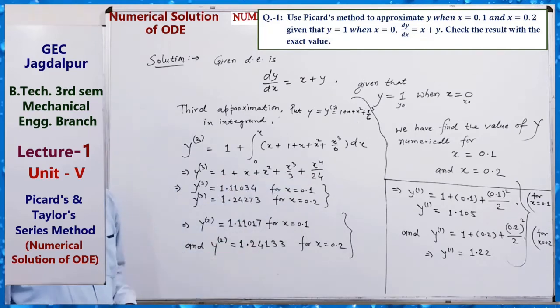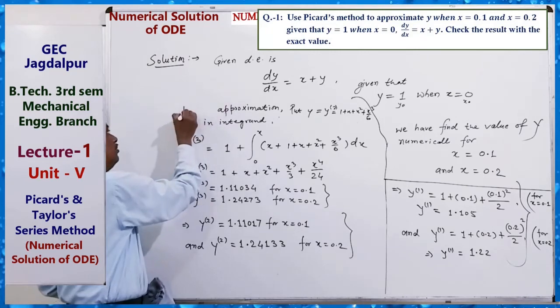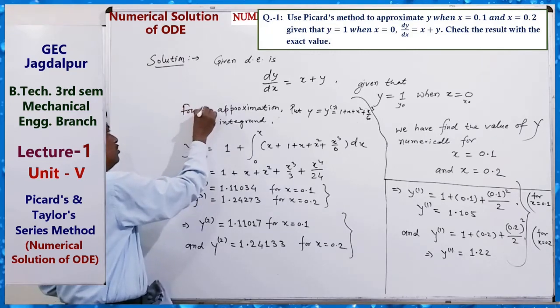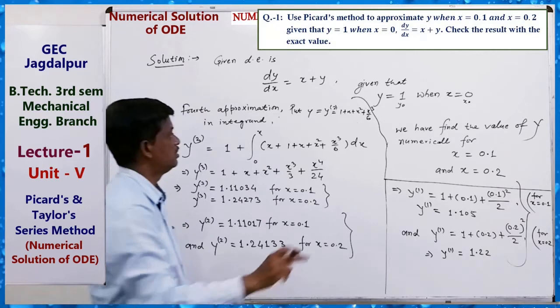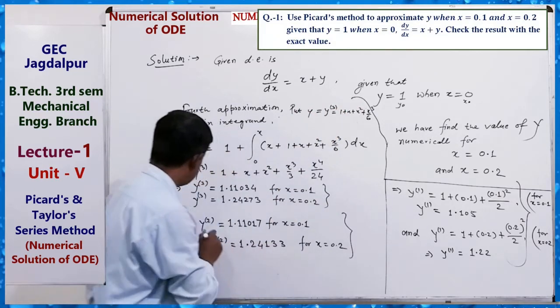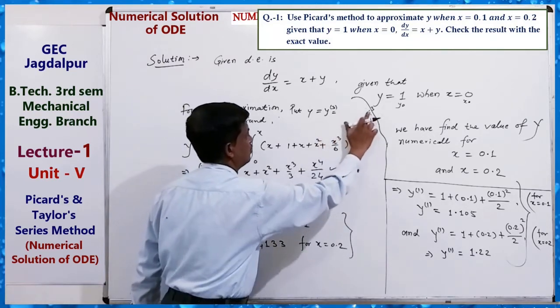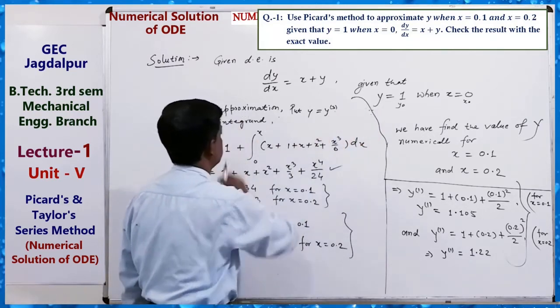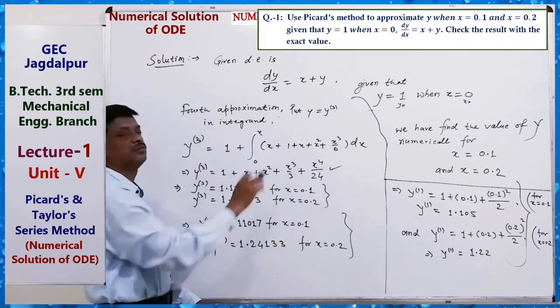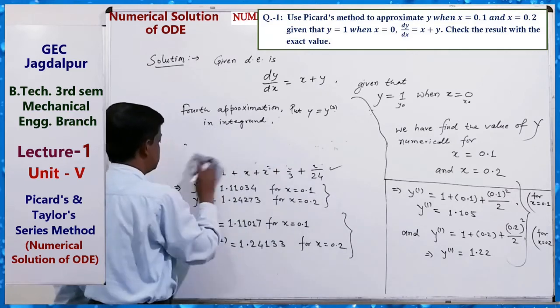You can use a calculator. Now, the fourth approximation can also be found. For the fourth approximation, here we will put y equal to y3, that is this value, in the integral, and then we can get the fourth approximation as a series.